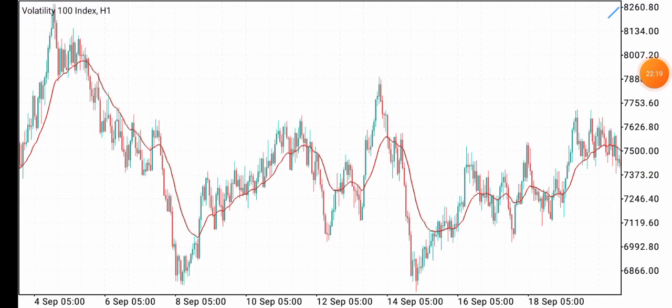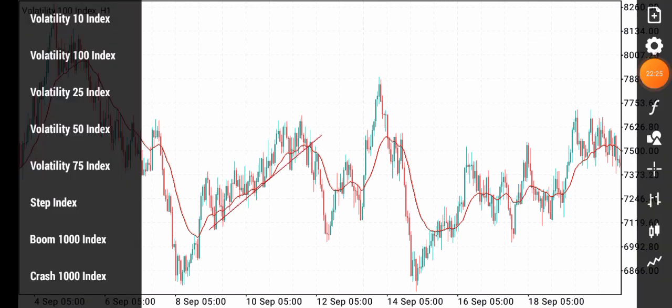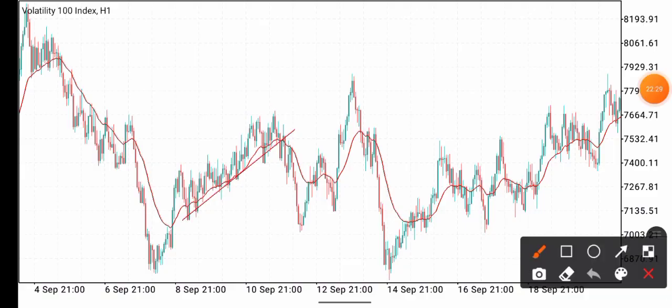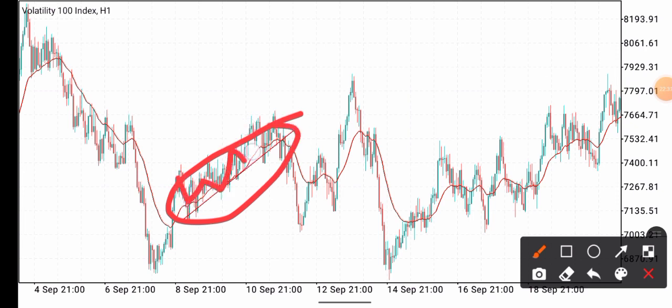So we are looking at this. You can see the touches here. The market has been reacting on this moving average. You can see the market tries to break it, but it has been retesting the moving average, showing you that this is a consolidation phase.